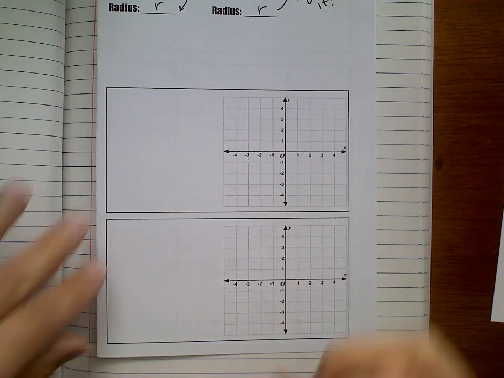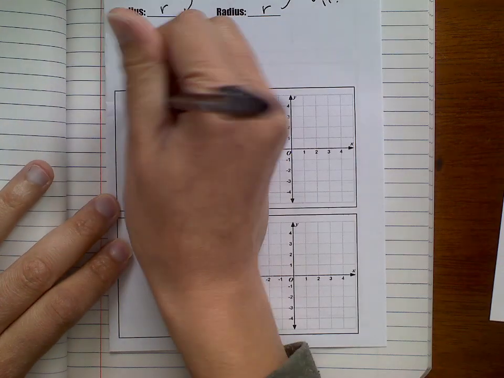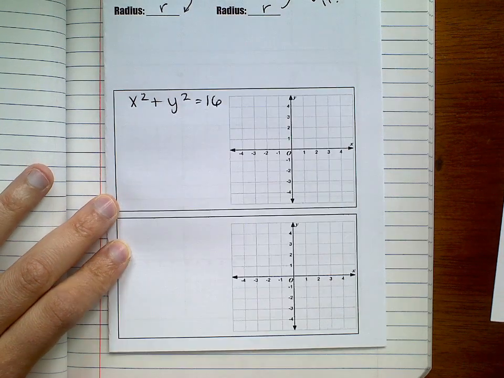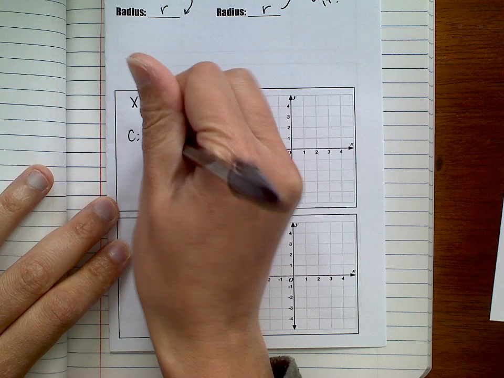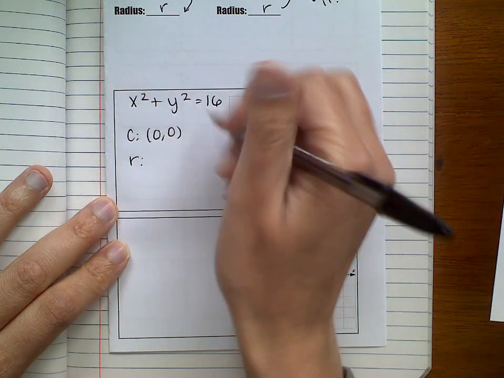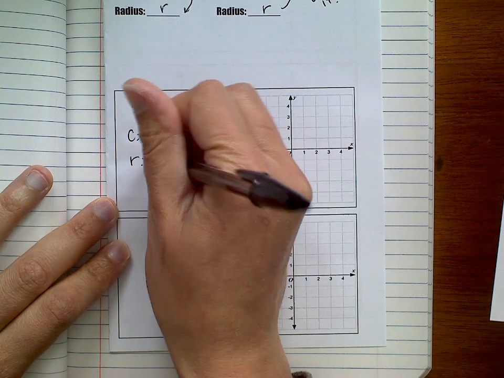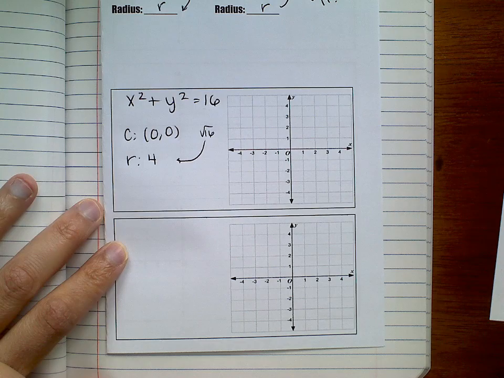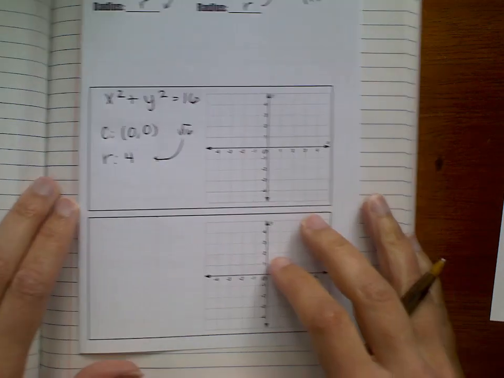Okay, so some graphs to try together. If we have something like x squared plus y squared equals 16, I can tell that the center is at 0, 0 because there's nothing inside parentheses, and the radius would be 4 because the square root of 16 is 4. So the way that I graph a circle is super easy.